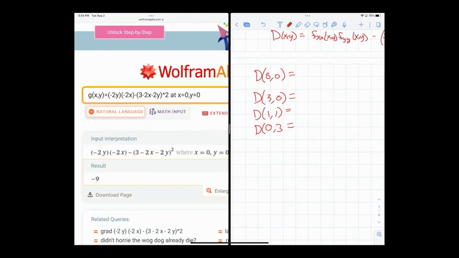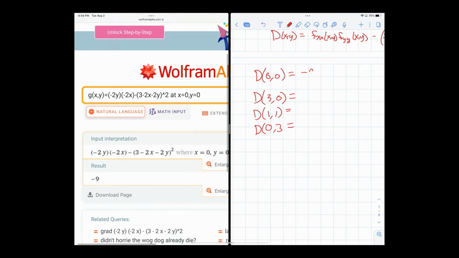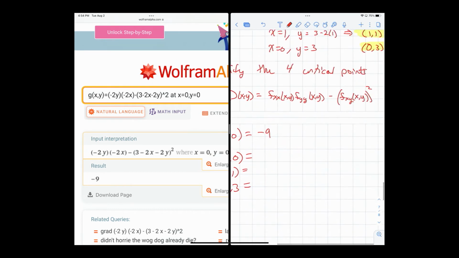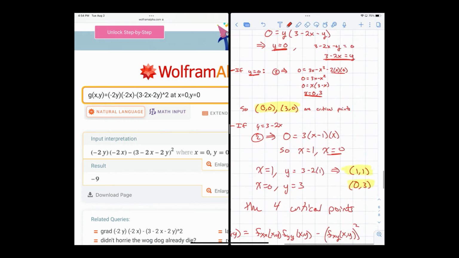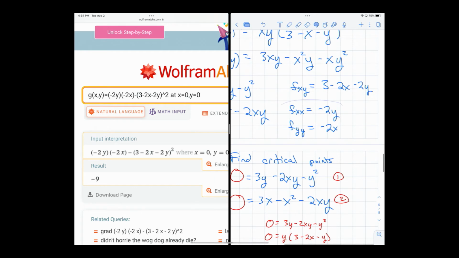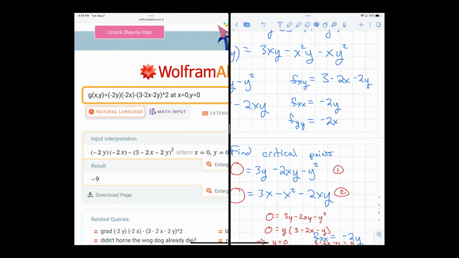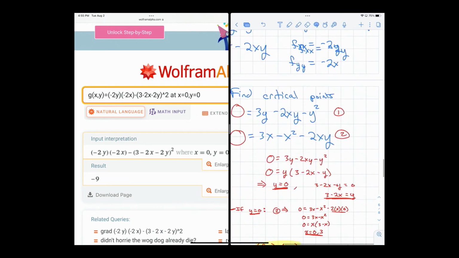Okay, so when we put in 0, 0, we get -9. And where's fxx, by the way? Fxx is simple. It's up here somewhere. Let me just steal this. Duplicate it.